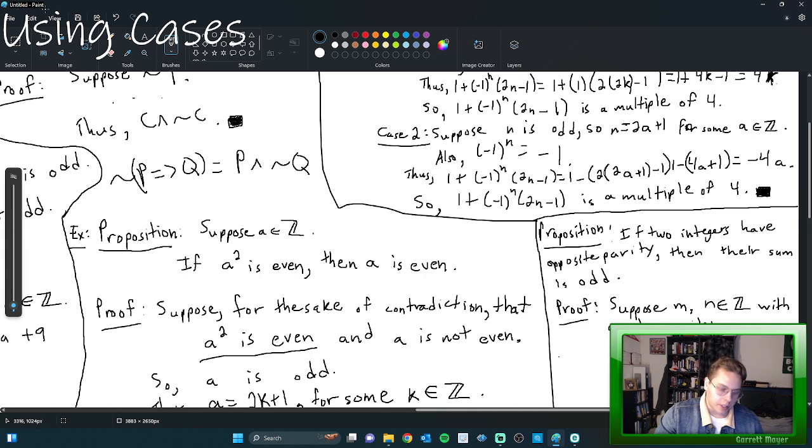In this case we can say without loss of generality, and you'll often see this written as WLOG, it's just without loss of generality, assume m is odd and n is even.